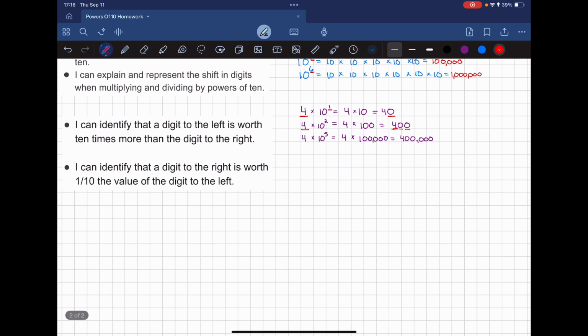So, let me quickly draw a place value chart right here.